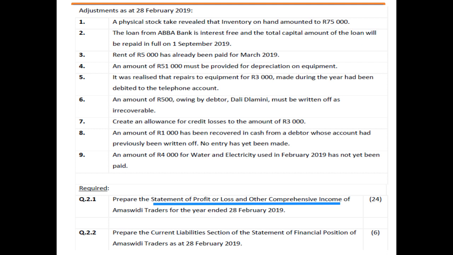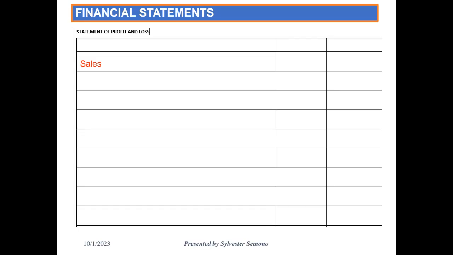Maybe sometimes you can find that the sales returns are from the adjustments. It doesn't mean that you can always find them from the sales. Are we together? So now next to the sales, we must just go there and put the calculation there.